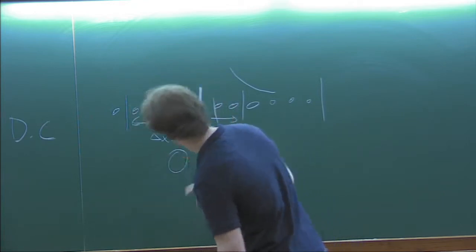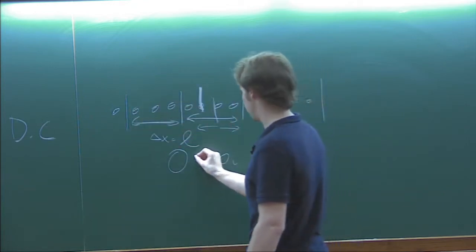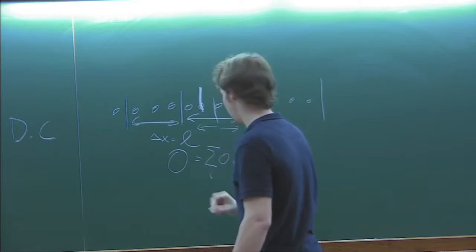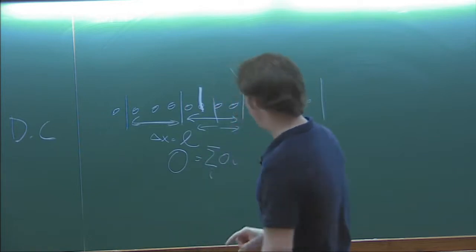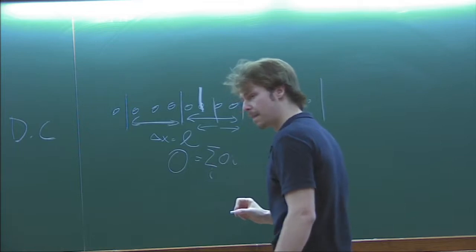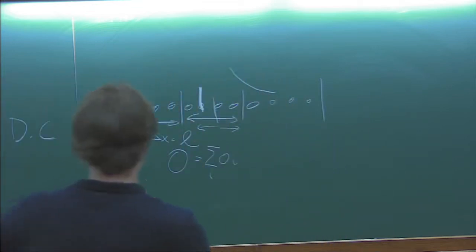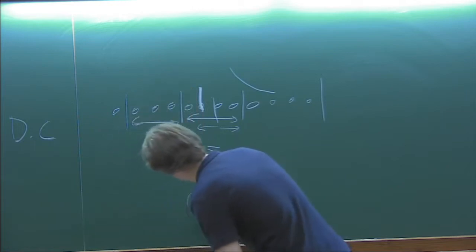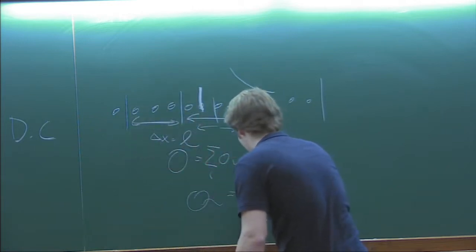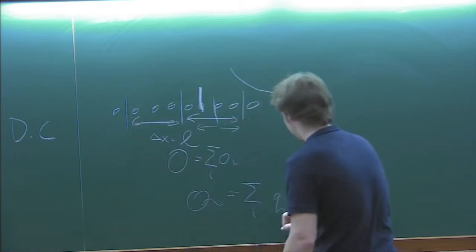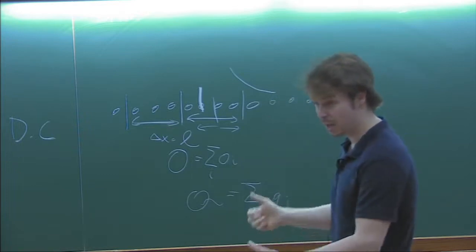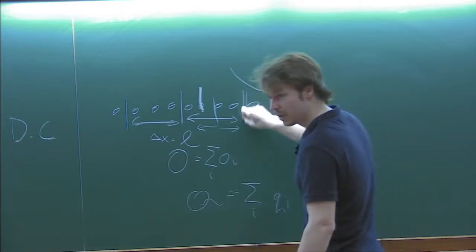So large O is just the sum of Oi over all i. Q is equal to the sum over i of Qi, but then we can divide this sum into different cells.